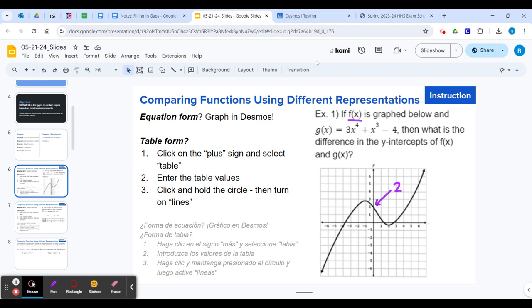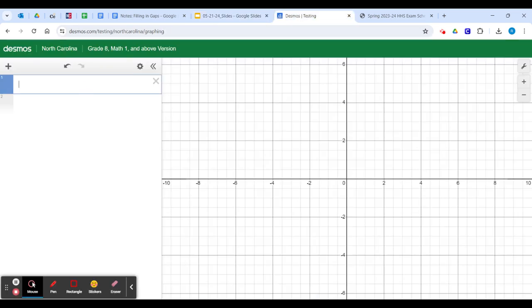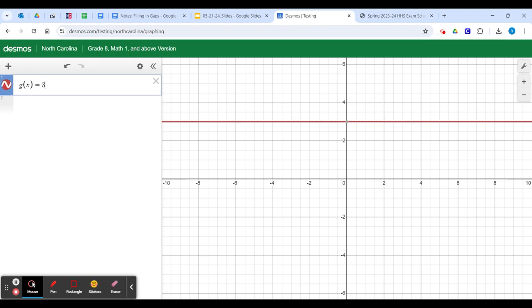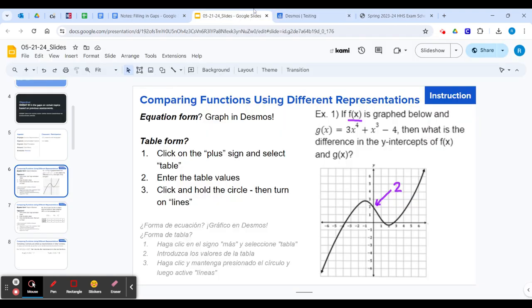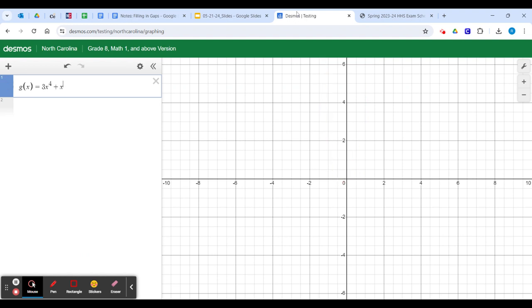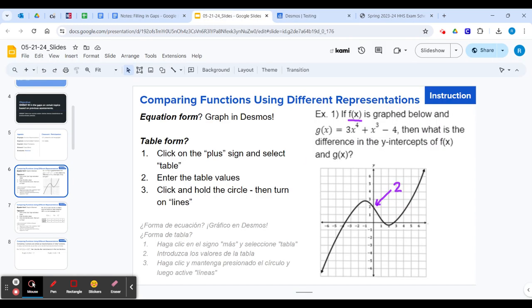So I'm in equation form, I type it into Desmos. My g of x is equal to 3x to the 4th power plus x to the 3rd power minus 4. And if I look here, my y-intercept is -4. So I'm going to notate that here: y-intercept of g is -4.